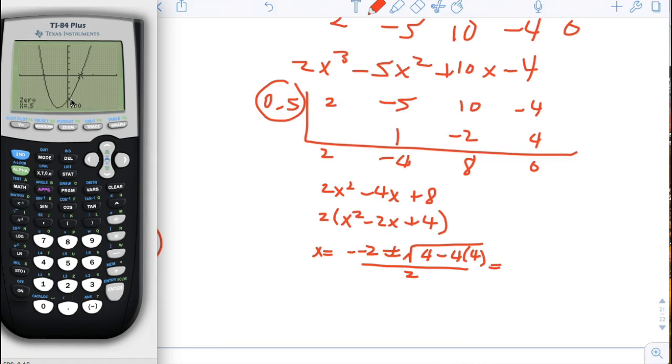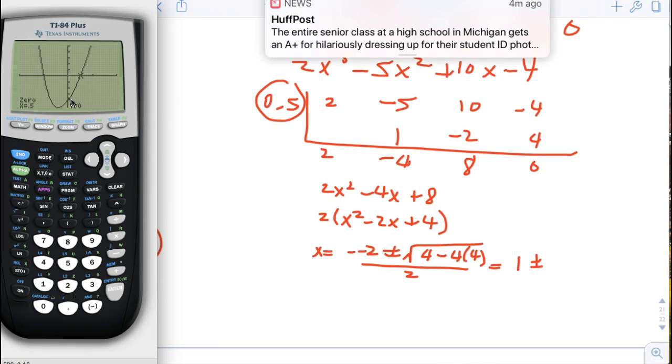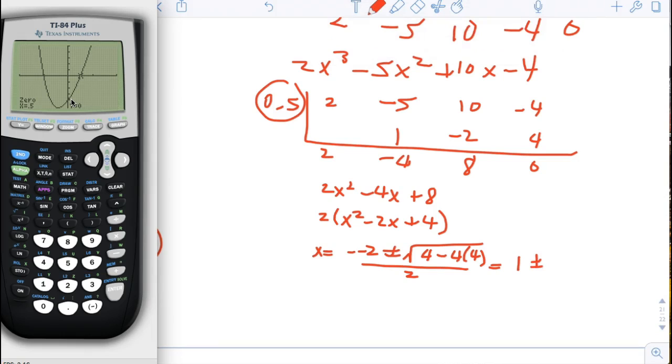So negative negative 2 is positive 2. 2 divided by 2 is 1, plus or minus the square root of negative 12. So actually it would be root 12 i, which is 2 square root of 3 i. 2 square root of 3 i divided by 2 is square root of 3 i. Okay, so these are the other two roots.